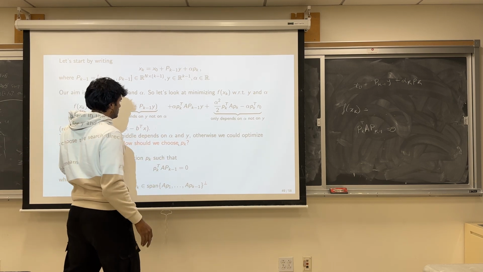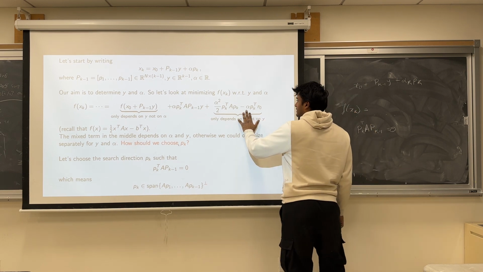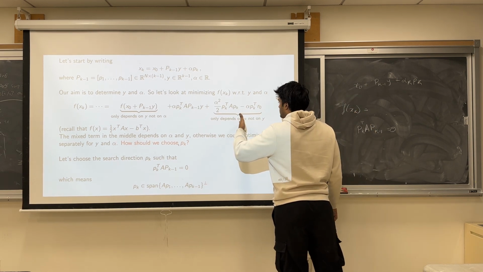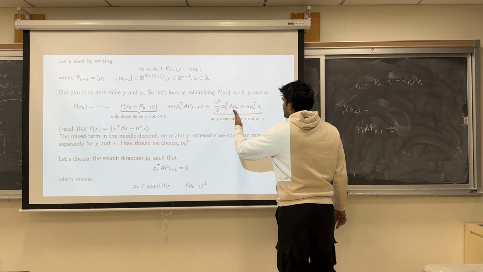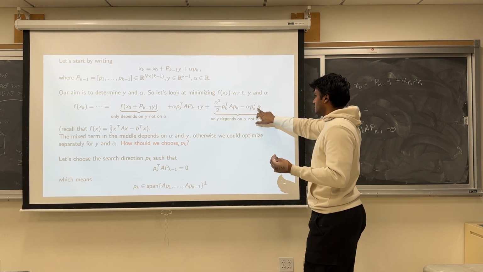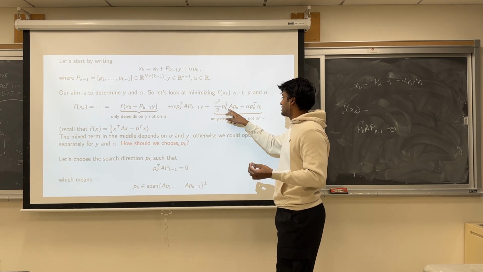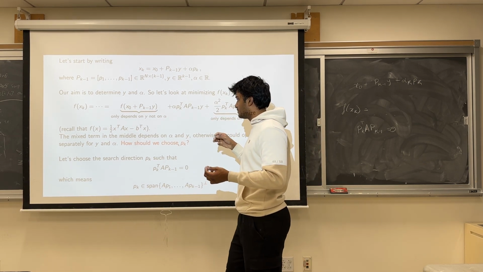It can be minimized on its own. This one only depends on alpha. So after I choose pk, I do the minimum in the pk direction. This is something that we've done already. In fact, you can see it has pk transpose r0 divided by pk transpose A pk, something pretty similar to that.